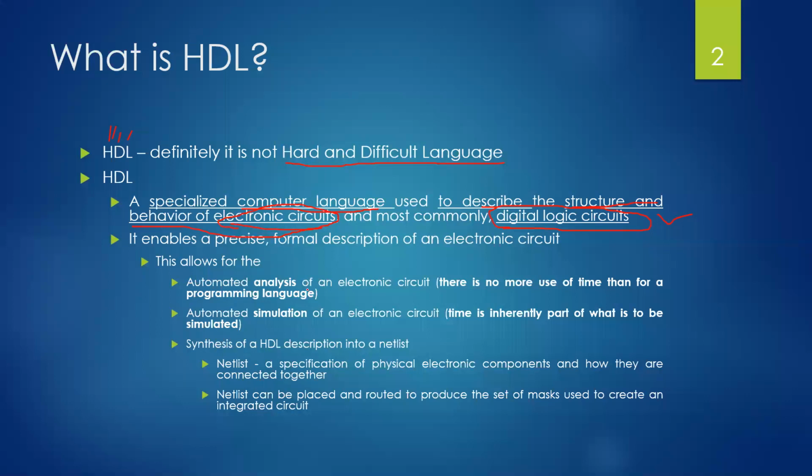As we move further in HDL, Verilog HDL, or in general HDL, right, then we'll come to know a few of the additional parameters which actually differentiate HDL from other programming languages like C, C++, and other stuff. Now here HDL enables precise and formal description of the entire electronic circuit. It may be just an AND gate. AND gate itself is an electronic circuit.